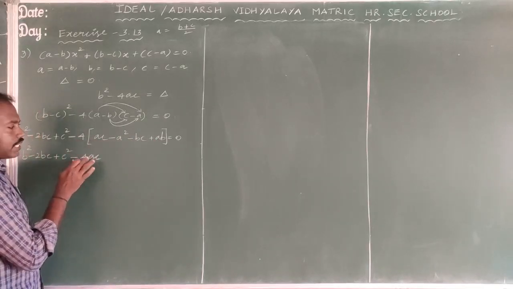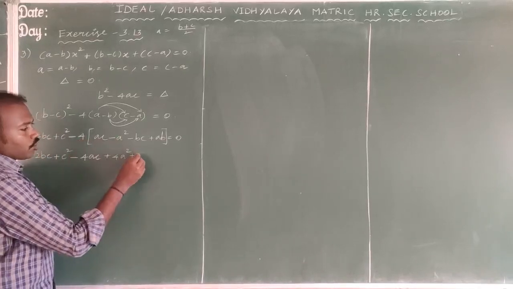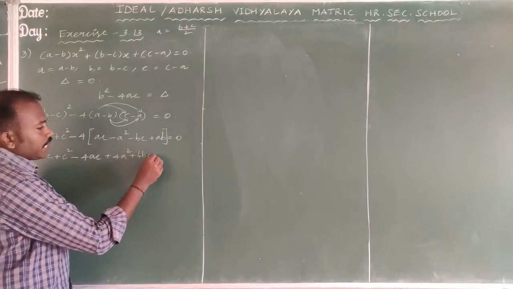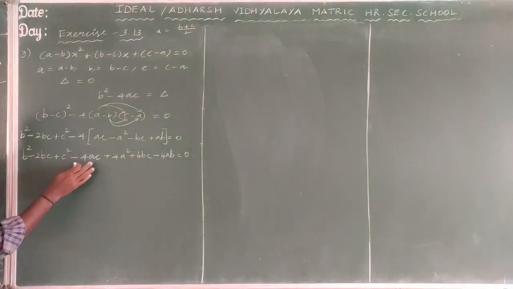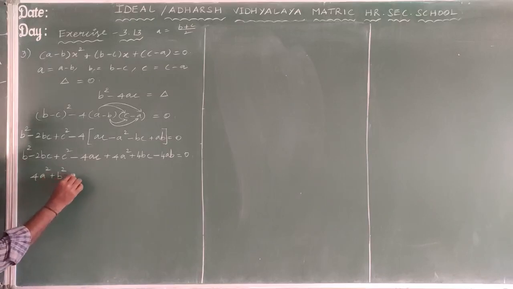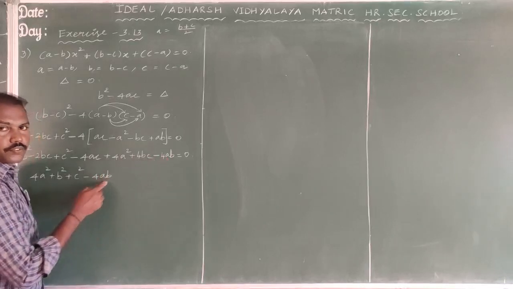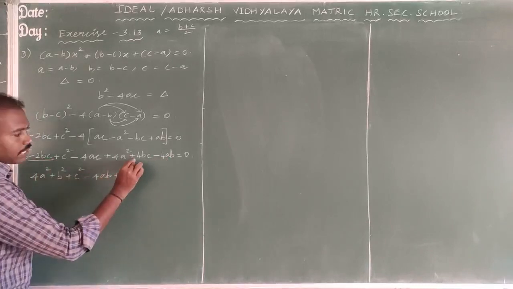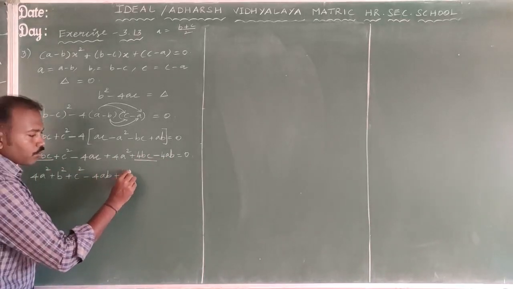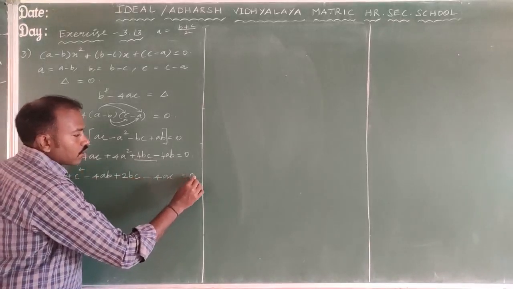So minus 4ac, minus into minus plus 4a square, minus into minus plus 4bc, minus into plus minus 4ab is equal to 0. Here 4a square plus b square plus c square, minus 4ab, plus 2bc, because minus 2bc plus 4bc we get plus 2bc, then minus 4ac is equal to 0.